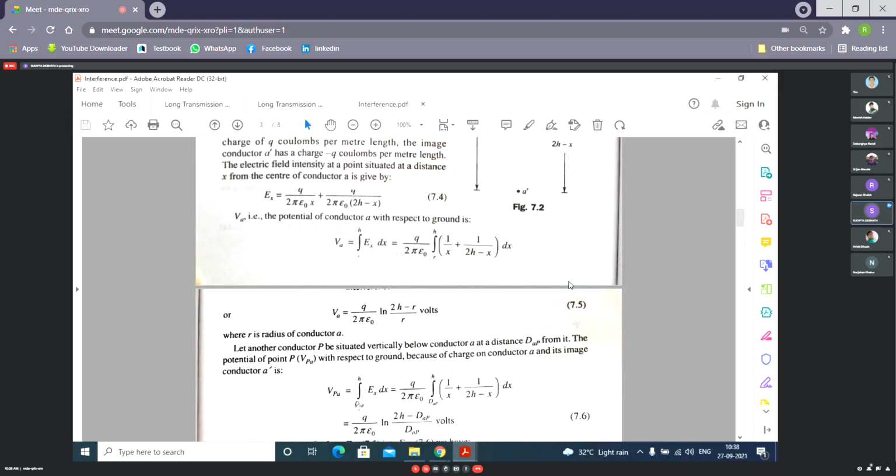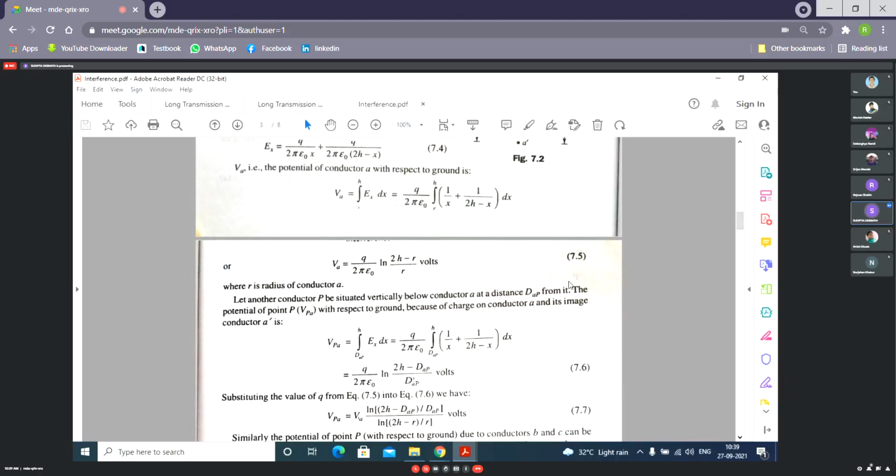In the denominator you will have the distance of the concerned communication conductor from the current carrying conductor A, and in the numerator you have to find out the distance of the charged conductor from the ground. Okay, so PA is actually the potential of conductor P with respect to ground. So you integrate and it will be like this one.